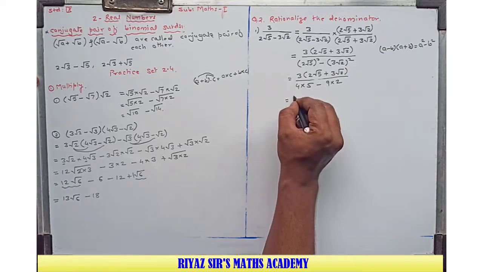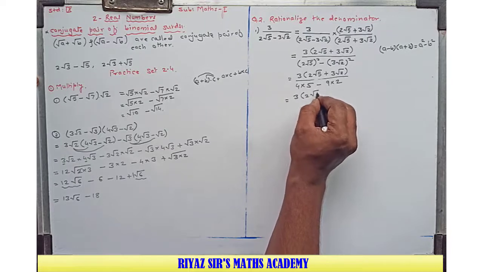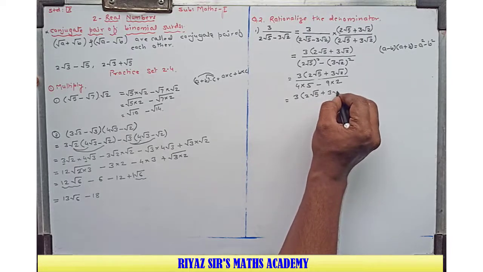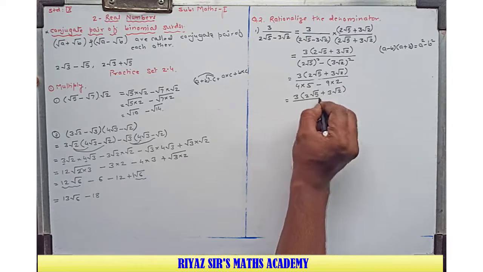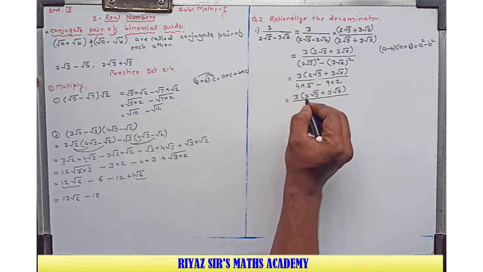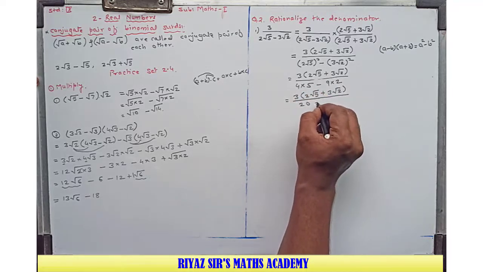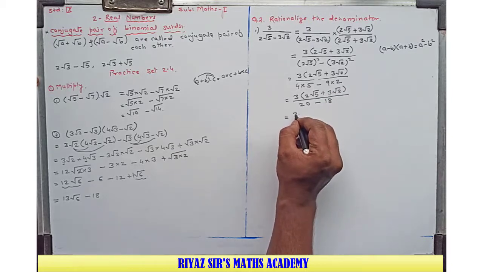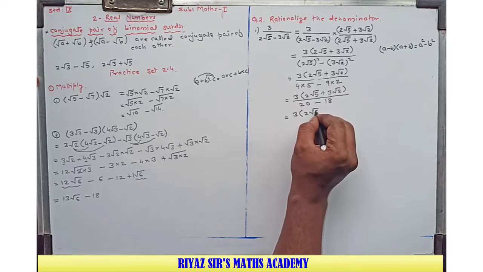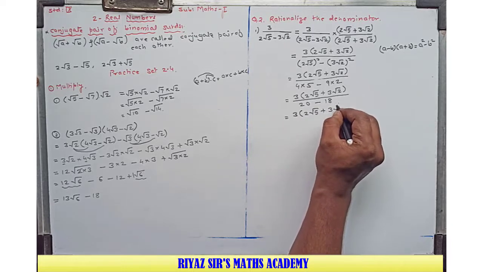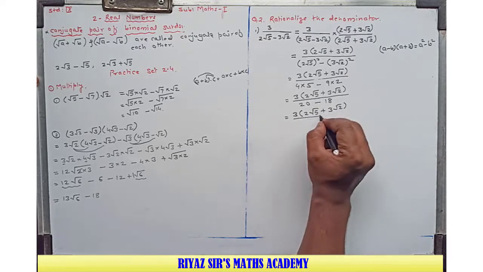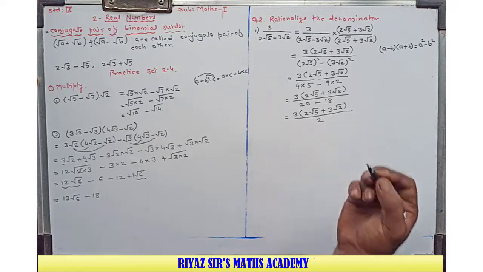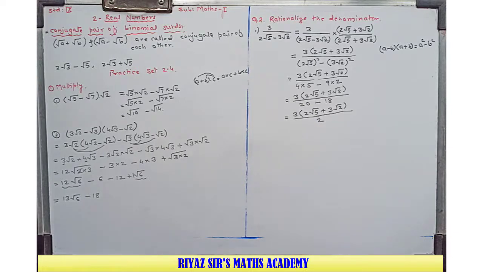Okay, that is equal to 3 into bracket 2 root 5 plus 3 root 2 divided by 4 5s, it is 20, minus 9 2s, 18. So the answer will be 3 into bracket 2 root 5 plus 3 root 2 divided by 20 minus 18, that is 2 only. Any doubt in this? You have to solve the remaining examples with the same procedure, applying the method.